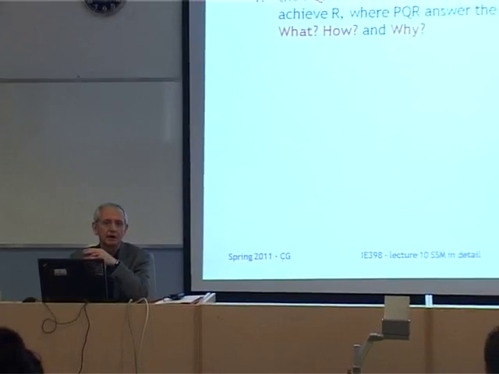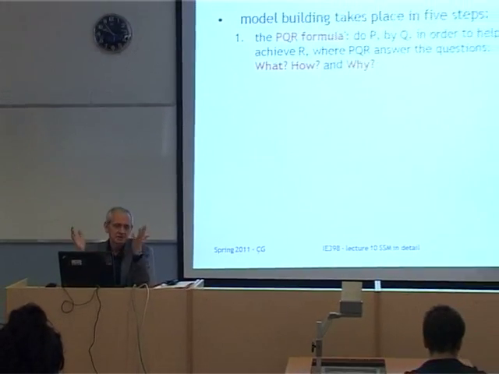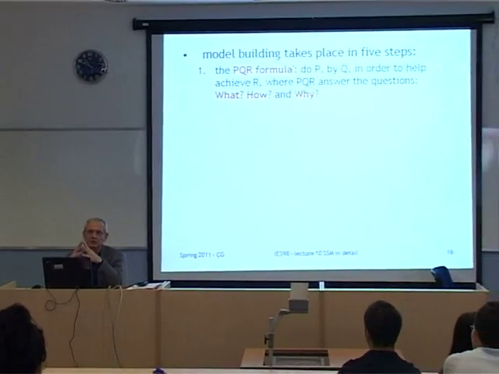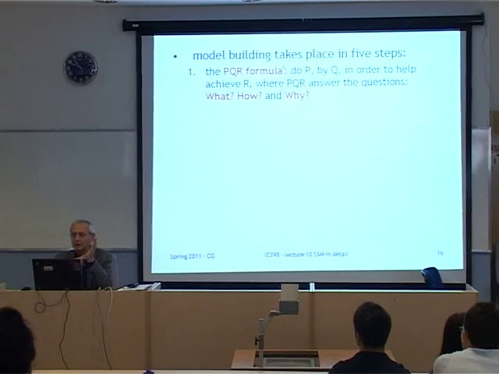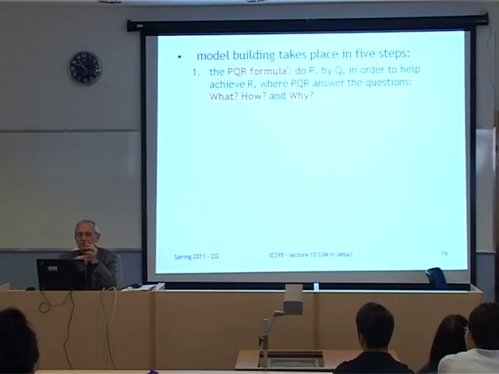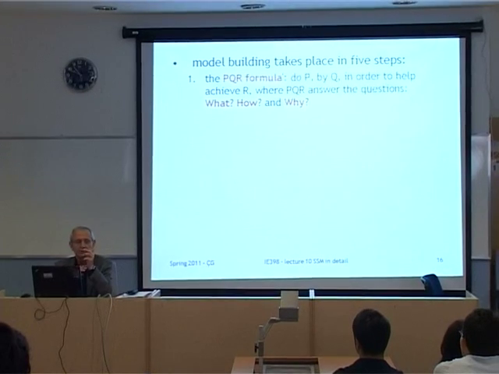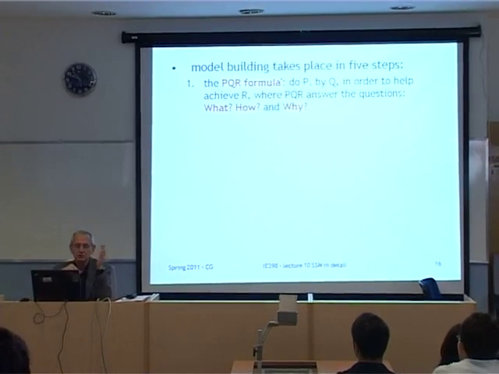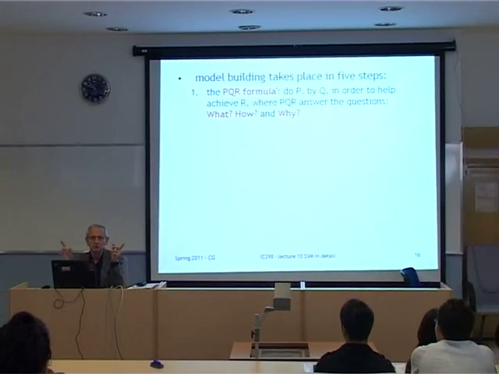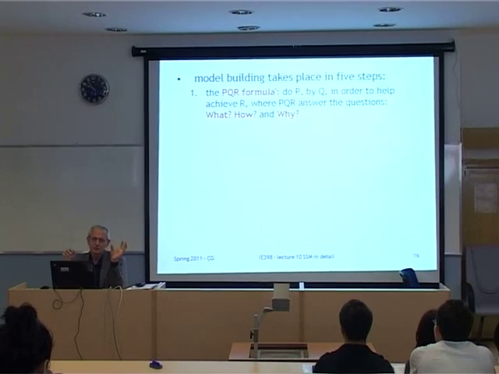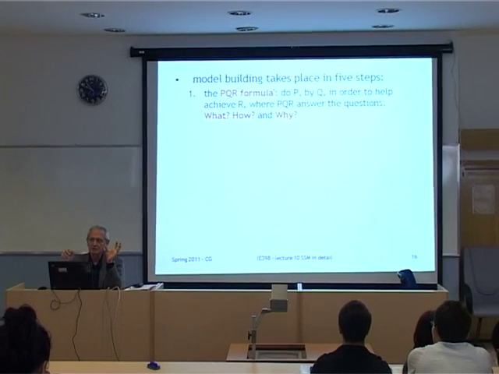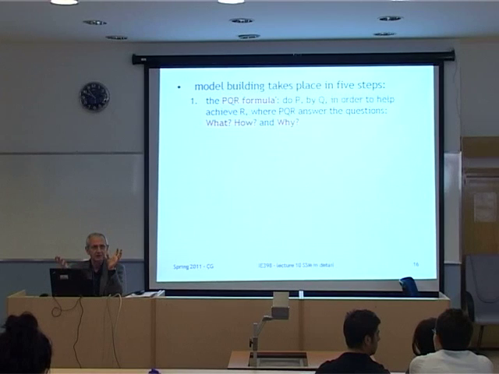This is PQR. PQR is just not a very meaningful acronym, which means do P by Q in order to help achieve R. So PQR is a sequence, and the first part of the sequence, P, tells us to do something, and this something is the answer to the question what?